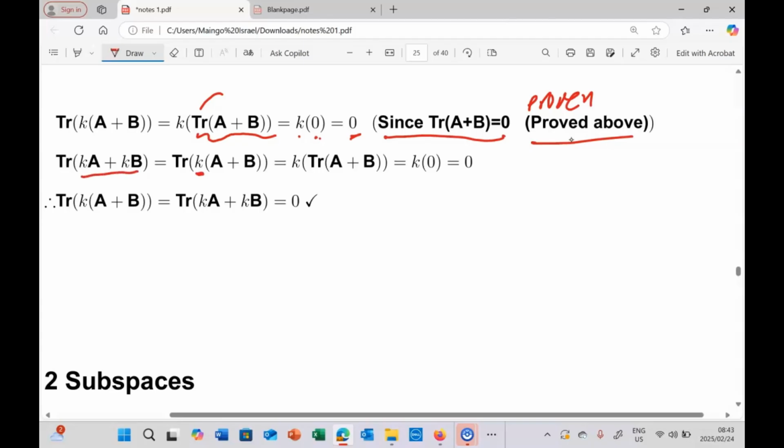This is the trace of k into A plus B. We know the trace of A plus B is 0. This is just k times 0, which is just 0. Therefore, the trace of k into A plus B equals the trace of kA plus kB, which equals 0. And we've proven the condition.